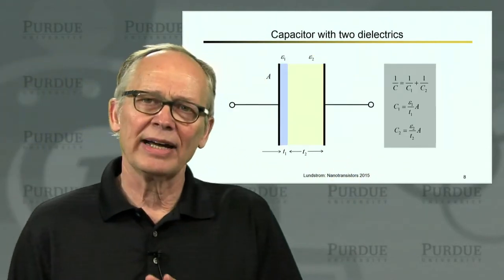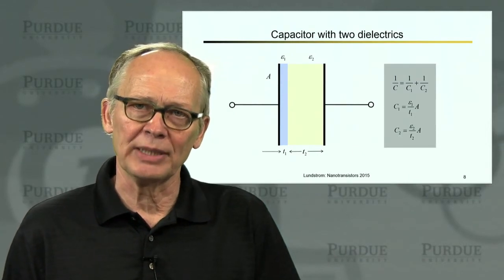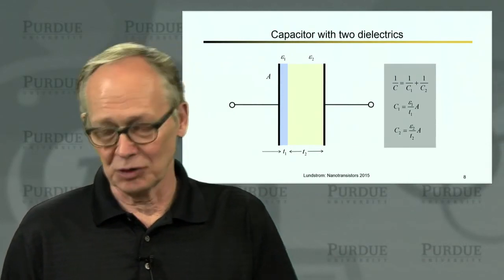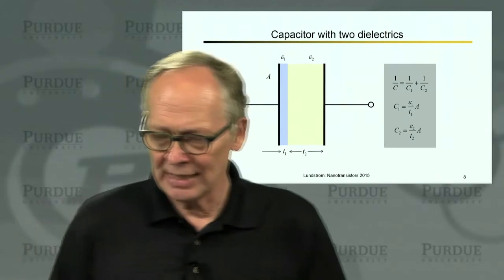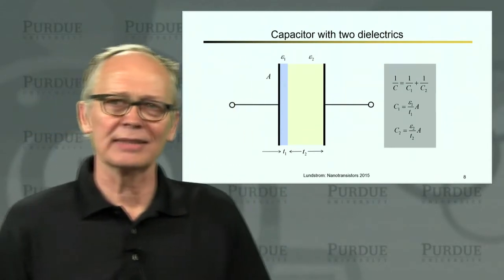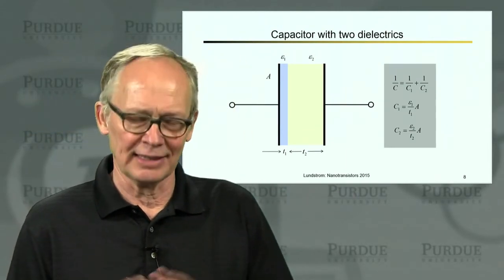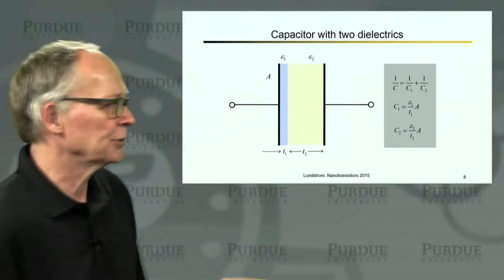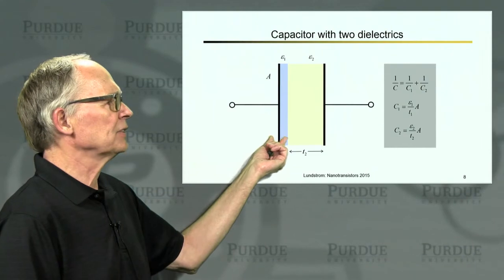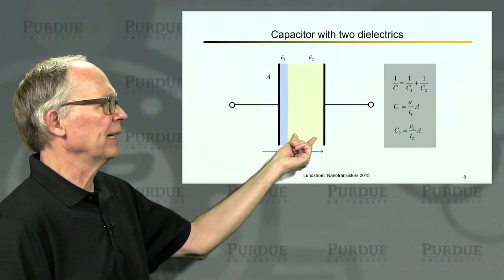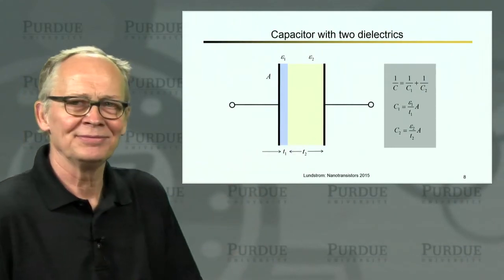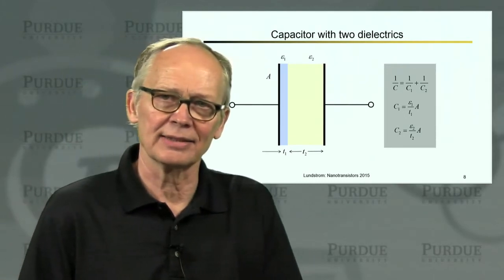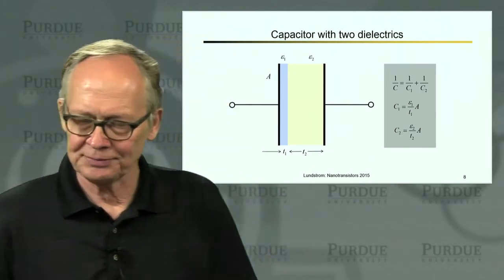Now, what if I have 2 different dielectrics between these 2 plates? You'll see why we do later. Well, if you do, this is an interesting, simple problem in electrostatics that we often use for homework. I'll just give you the answer. This is as though you took 2 separate capacitors with 2 different insulators of different thicknesses and put them in series.